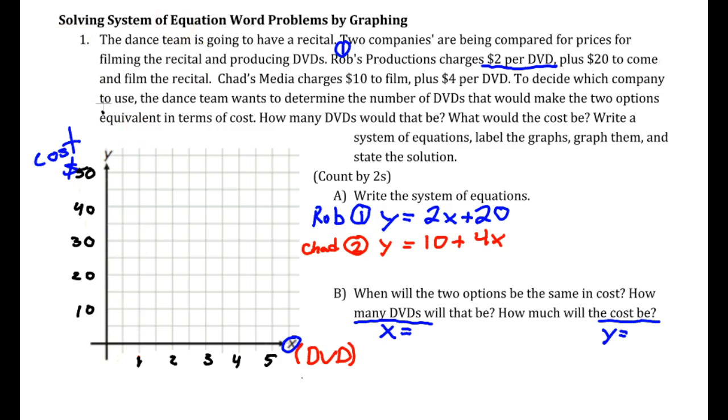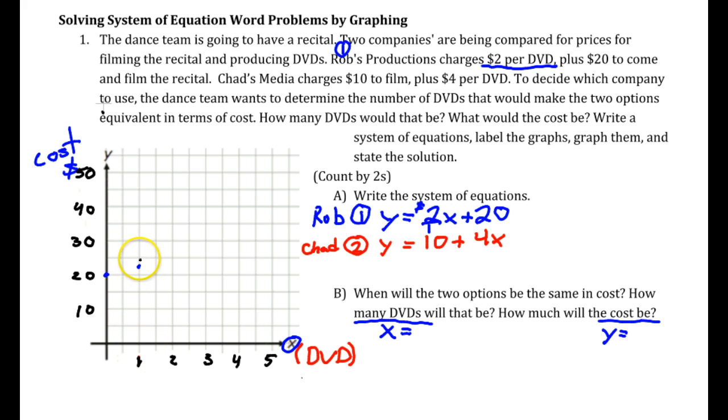So now let's try graphing Rob. Starting at 20 still, and we're going up $2 for every DVD. This is 25, so up 2 would be right here, and then 1 DVD. Notice how it's not up 2 squares over 1 square because of our scale.